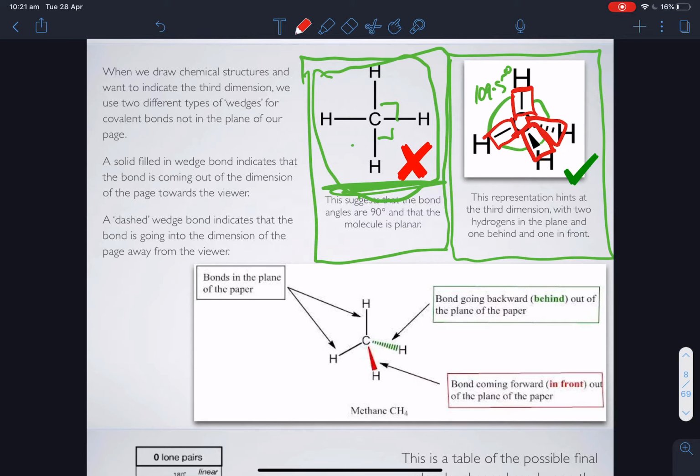What this solid triangle or wedge is saying is that it's coming out of the page towards us. And this dashed one is saying, I'm going back into the page here. So it's showing some 3-dimensionality. As it says here, these 3 bonds are in the plane. This one's going behind, and this one's coming out ahead. And that's how we show some 3-dimensionality in these molecules.